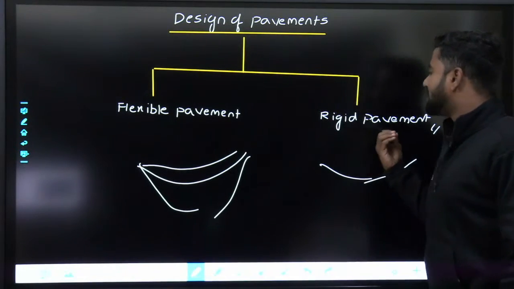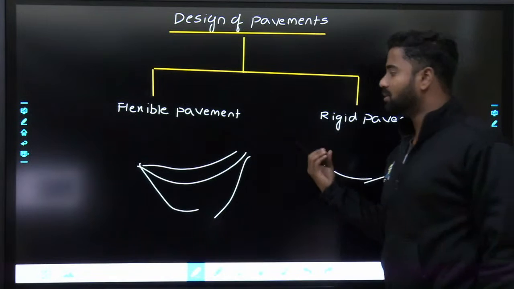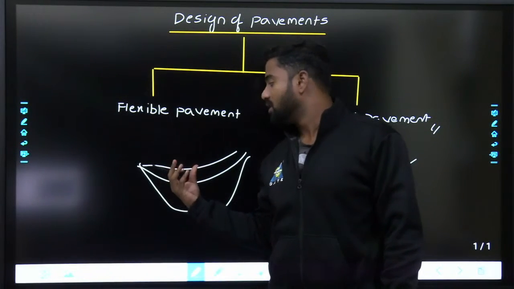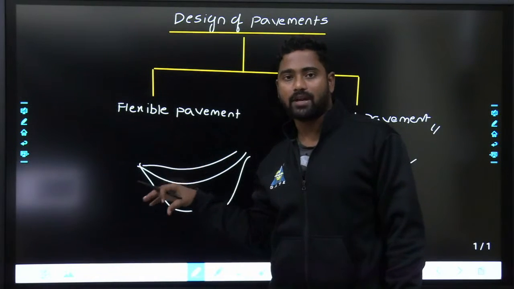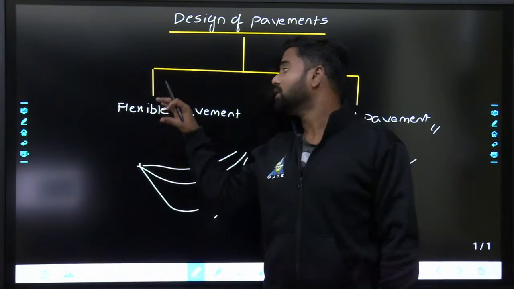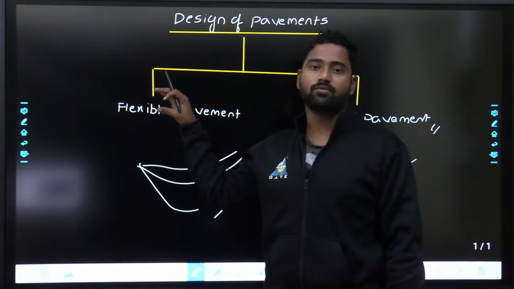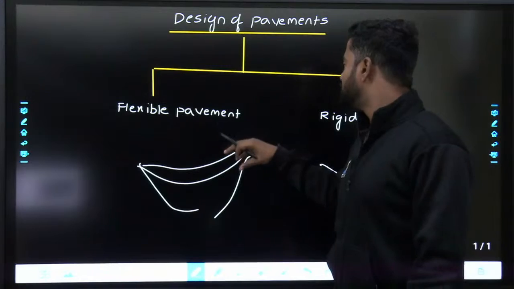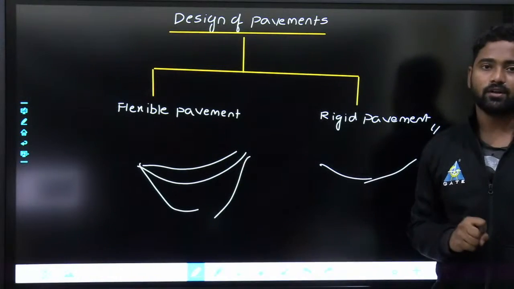So you will see sudden failure in brittle pavements, whereas you will see some indication before the failure in flexible pavements. That is the major advantage of flexible pavements, but the strength is very less in the flexible pavement compared to that of rigid pavements.